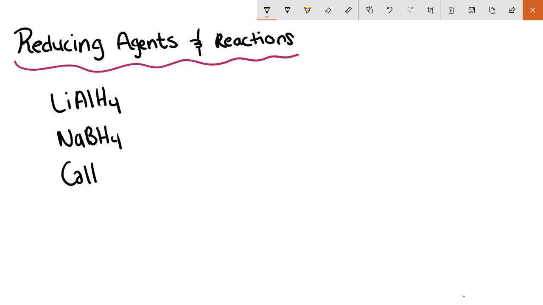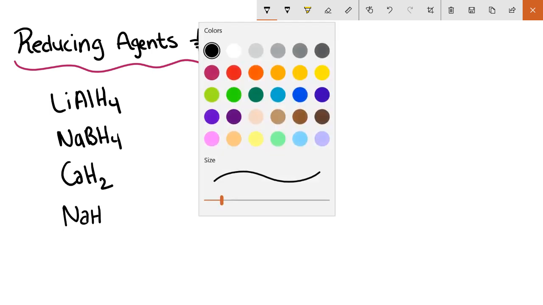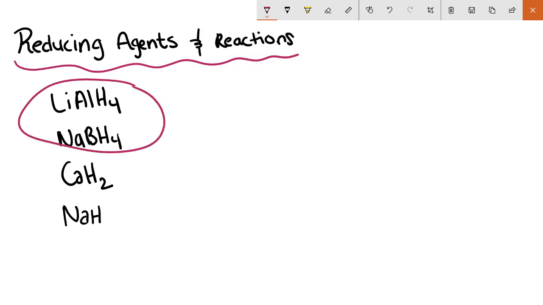Also CaH2, and you might even sometimes see NaH. So these are all commonly used as reducing agents, and the two that you're going to come across the most are LiAlH4 and NaBH4. So those are the ones that you'll typically see in your courses and your classes.